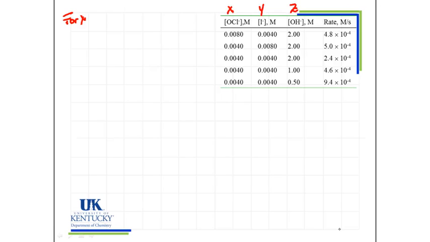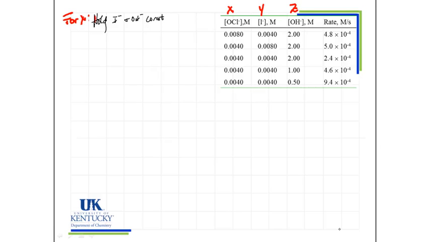So I'm going to write those up there. For x, we need to hold the other two substances constant. So we need to hold I minus and OH minus both constant. Hold I minus and OH minus constant. So look at that data and see which two experiments you'd like to choose.